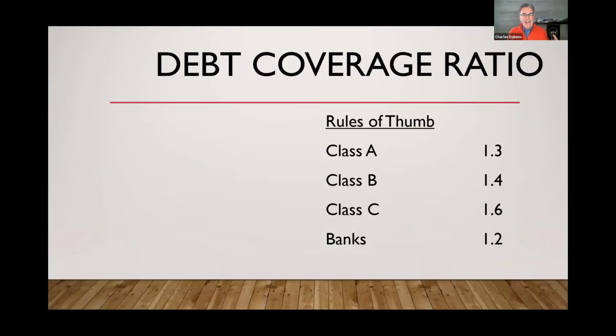A Class A property, in my mind, can live with a lower debt coverage ratio than a Class C property. And the reason is because you have to think about these properties as living, breathing, dynamic organisms. And all of them are different. A Class A property has the people, the doctors, living there.